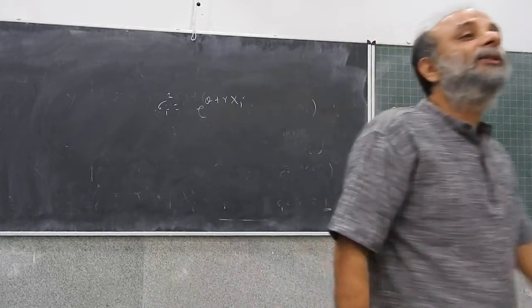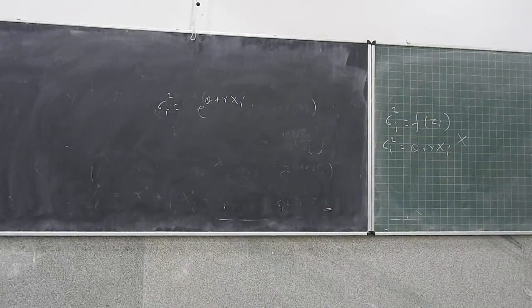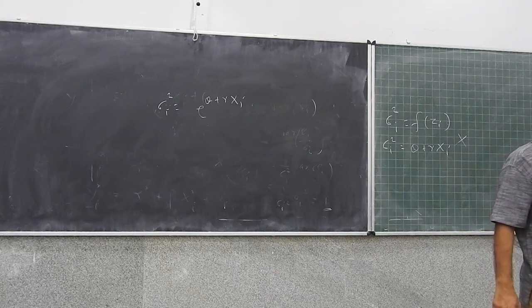Right? So we say sigma square i is equal to e raised to theta plus gamma xi. We call this exponential heteroscedasticity. Okay?